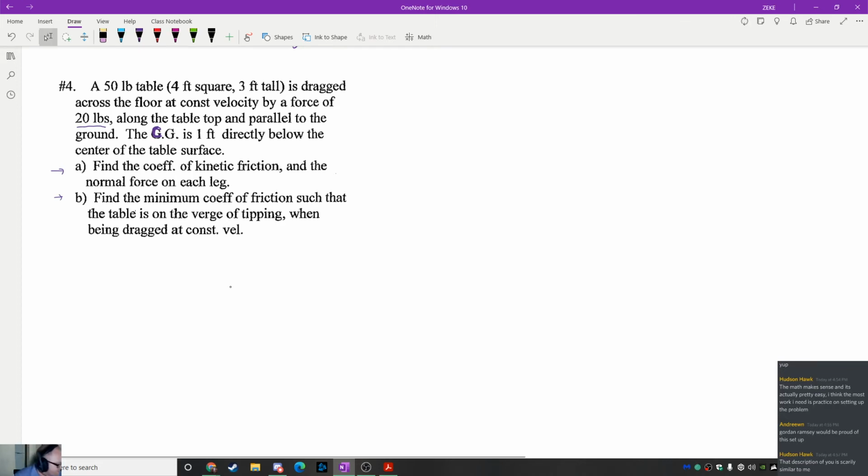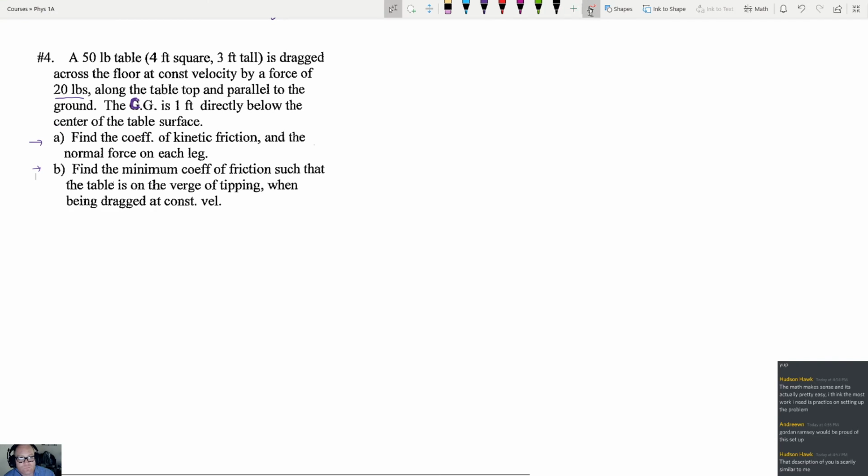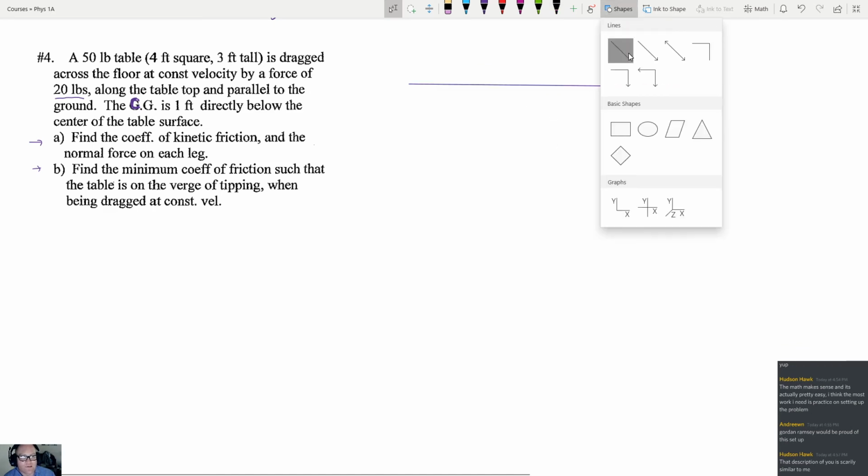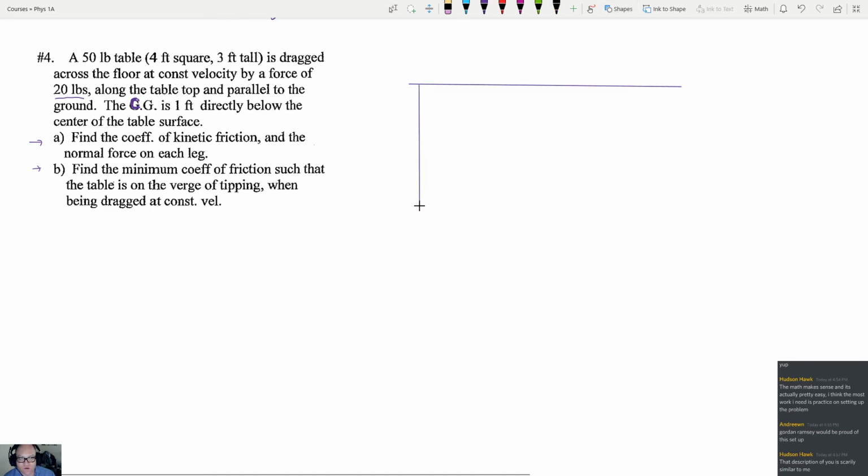So let's draw a picture, because I think it's kind of hard to visualize what's happening here. We've got a table, and we'll just draw it two-dimensionally. So we've got a tabletop right here, and we've got 2 legs. Well, 4 legs, but we're just going to draw 2. We'll draw 1 here, and we'll actually put it right at the edge.